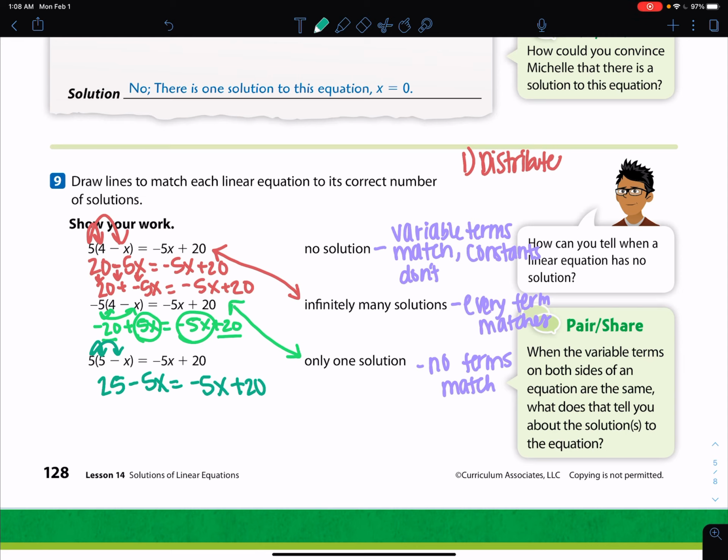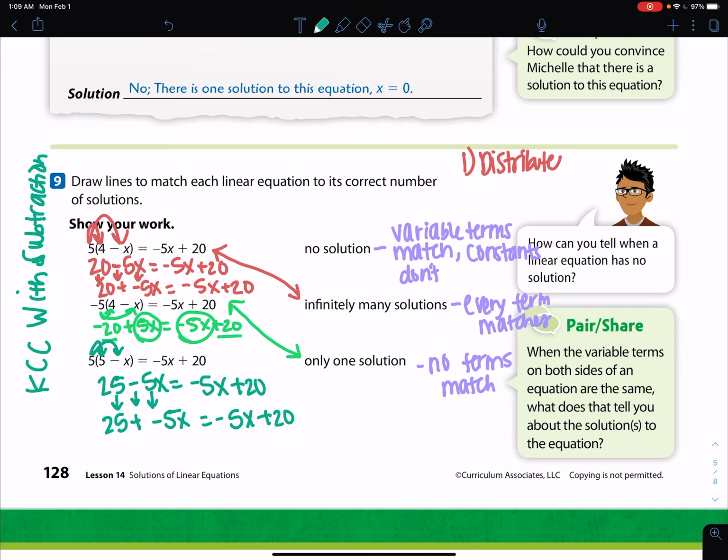We have subtraction, so we're going to do keep, change. Keep the first number the same, change subtraction to addition, and the second number to its opposite.